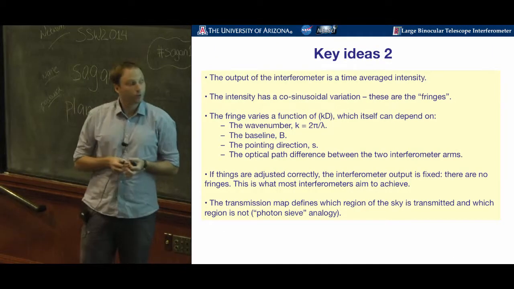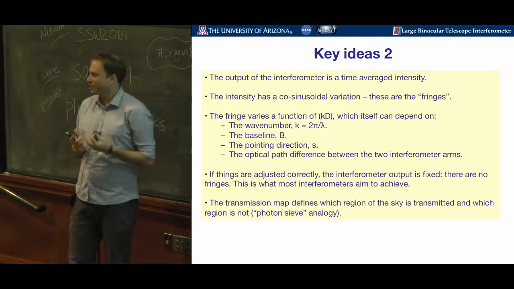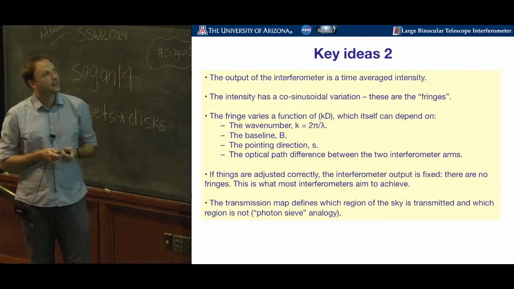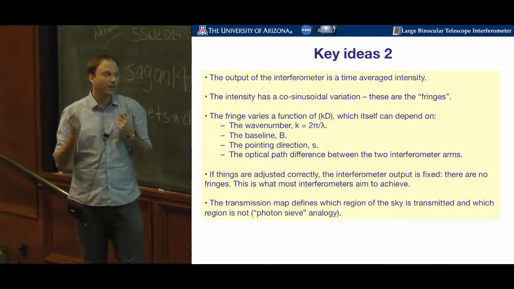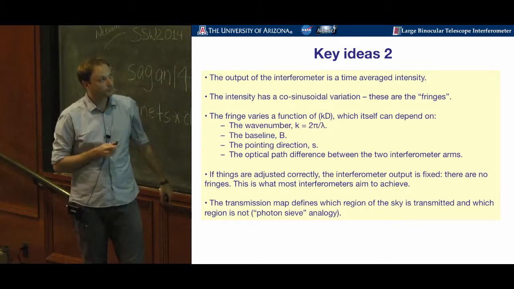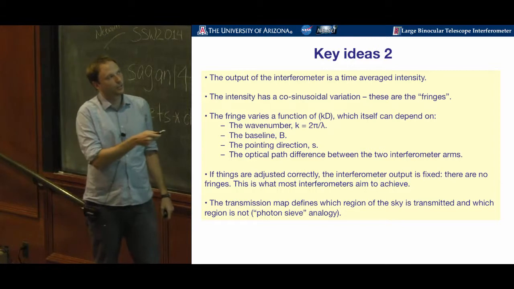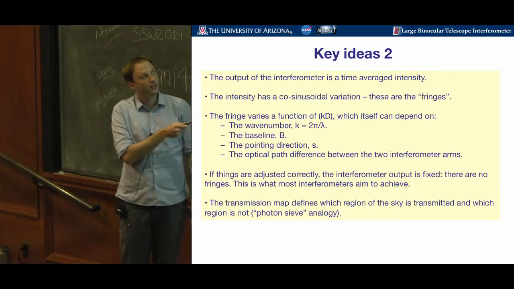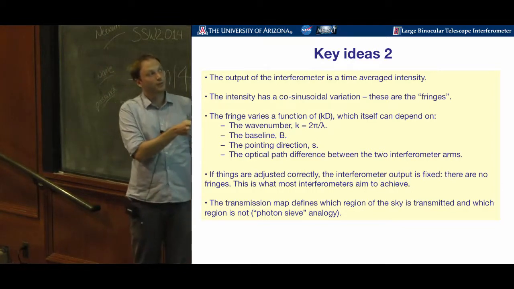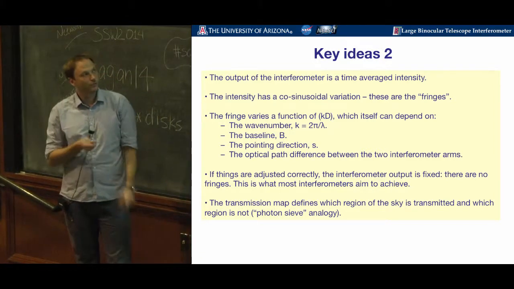So the key ideas: the output of an interferometer is a time-average quantity. It has a sinusoidal response, and these are the fringes. The spacing between your fringes depends on this parameter, KD, which itself depends on the wave number, which is 2 pi over lambda, and the baseline. The larger the baseline, the higher the modulation of your fringes.